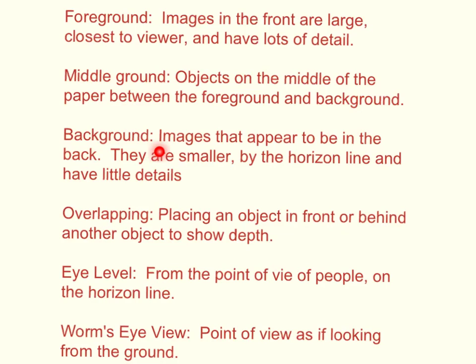They will be smaller and they will have less detail. When we are showing depth in an artwork, we might use overlapping. And this is when you take one object and place it so it appears that it's in front of another. And this shows depth in a drawing right away by just having some overlapping.